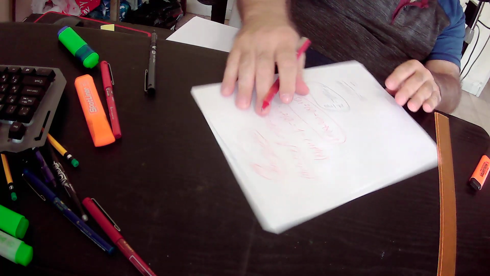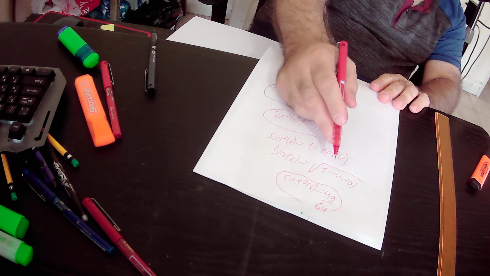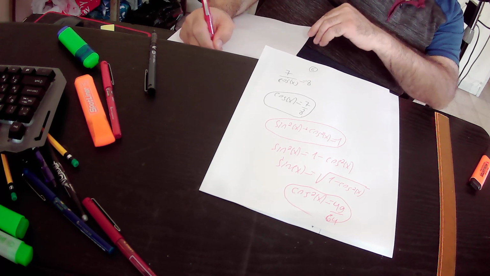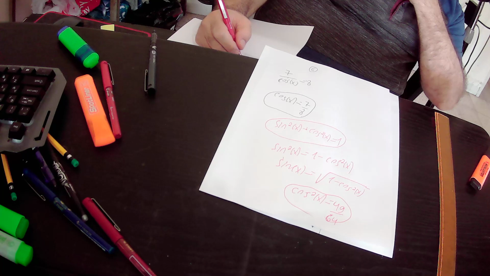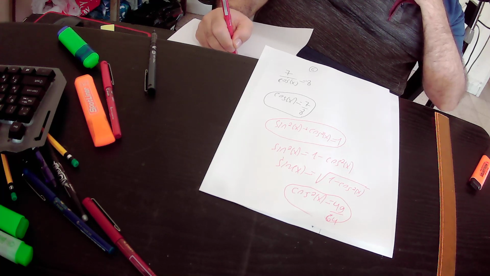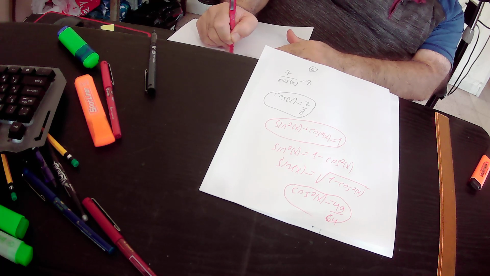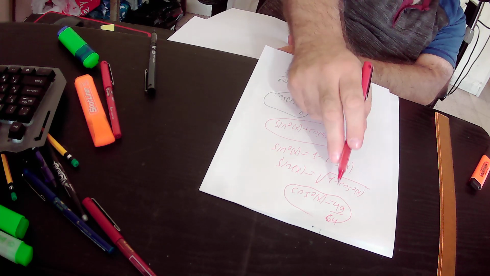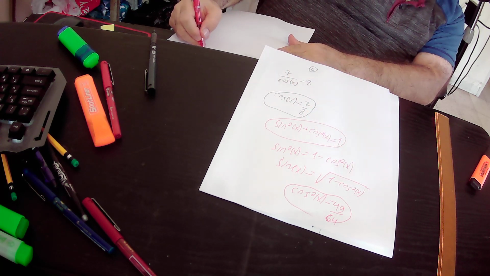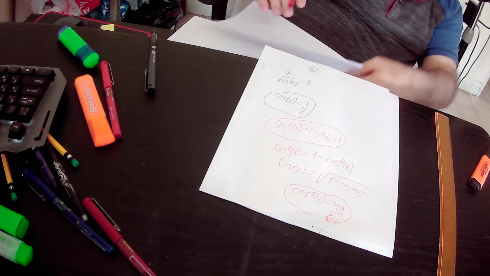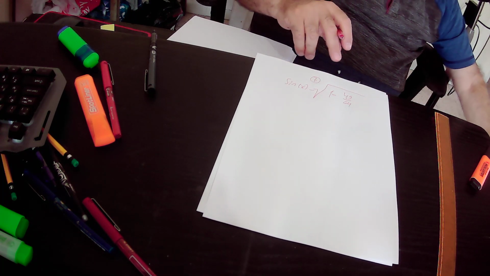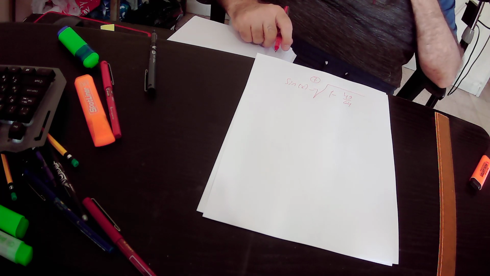So here we'll substitute cosine square x with 49 over 64, and we get that sine x equals the root of 1 minus 49 over 64.